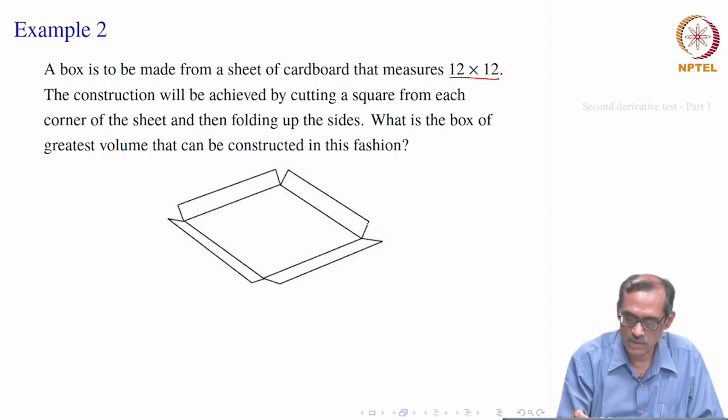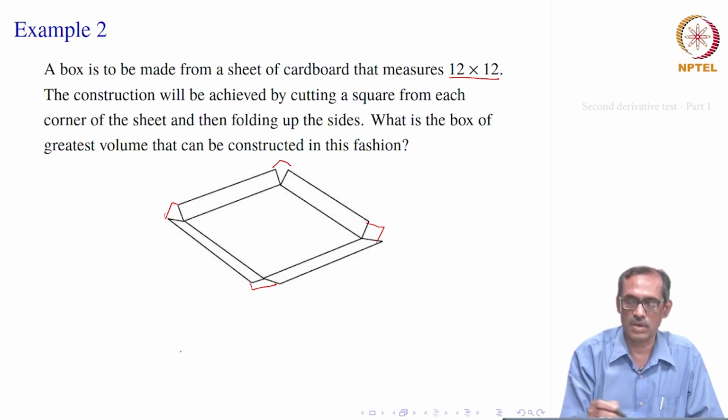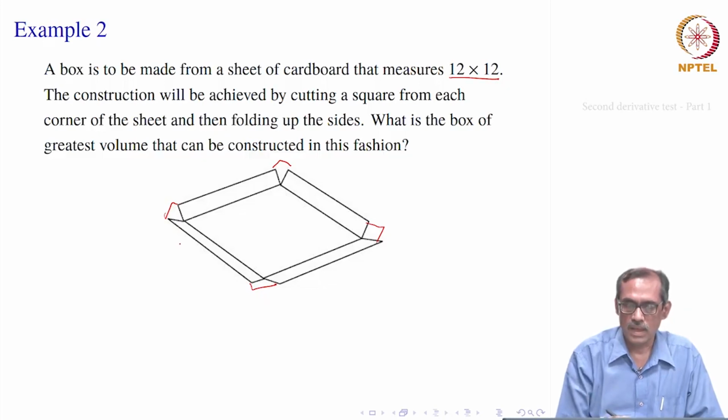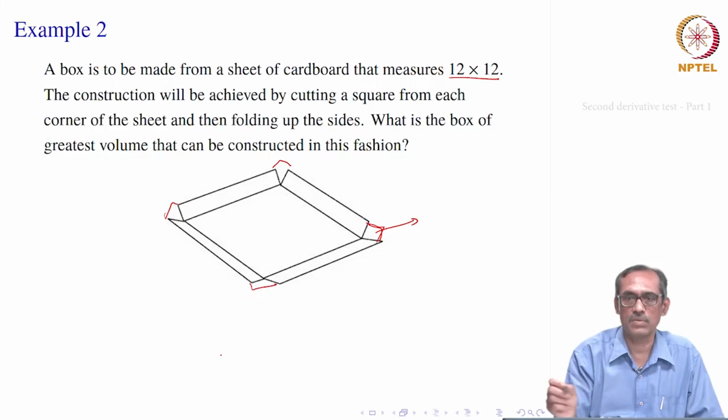So, here a square is cut, 4 squares are cut from the sheet, from the corners only. It is assumed that they are of the same dimension, same side of the smaller square for all these 4, and then you fold them up to the side. So, this is cut and thrown away. Similarly, all these 4 small squares are cut and thrown away.